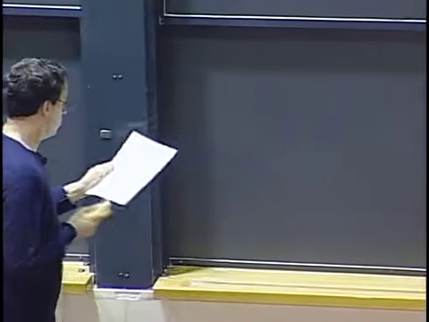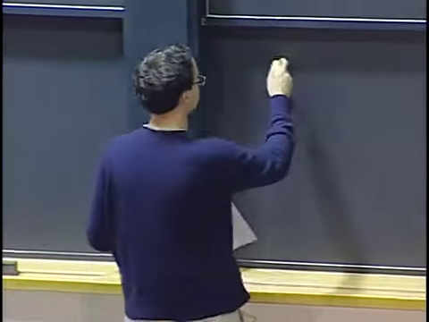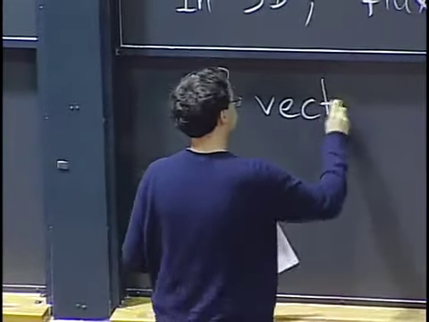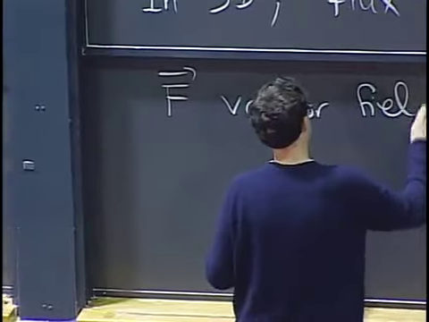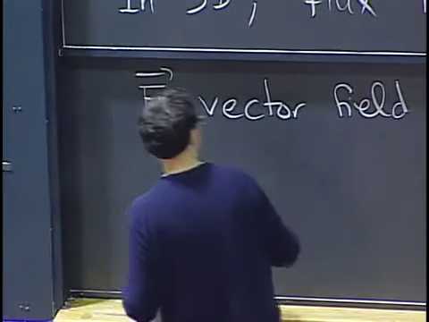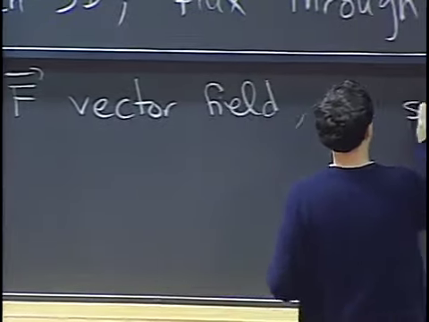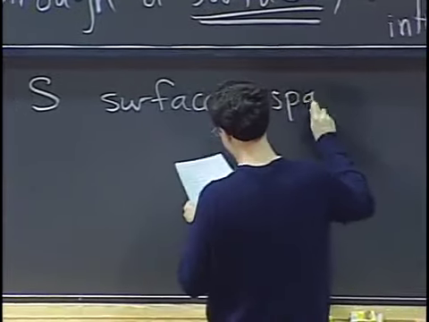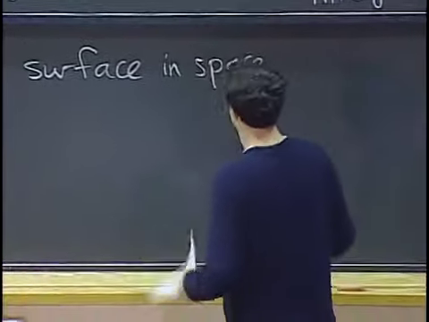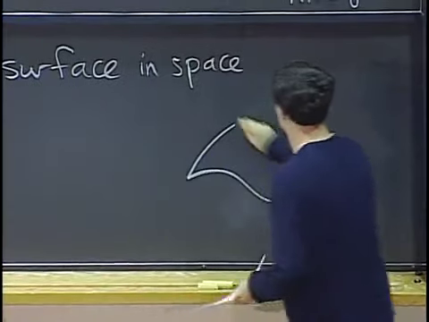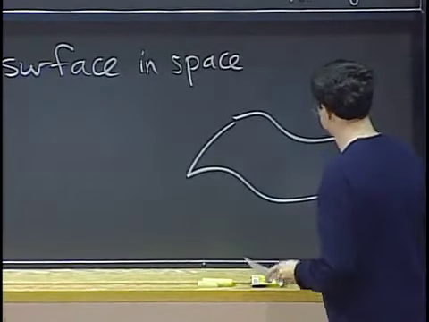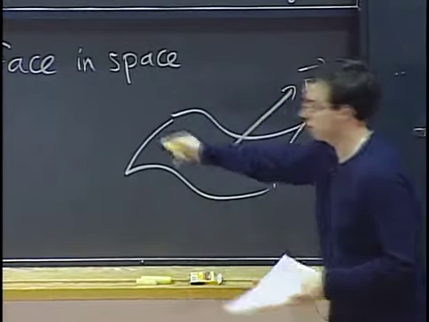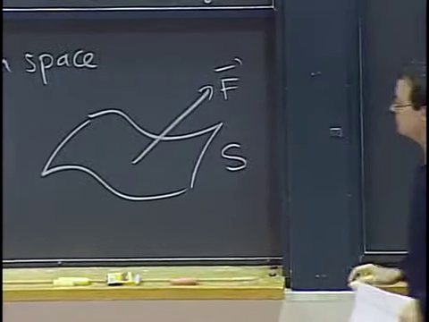Okay, so let me give you the definition of flux in 3D. So let's say that we have a vector field, and S, a surface in space. So let me draw some kind of picture. I have my surface, and I have my vector field F. Well, at every point, it changes with the point.